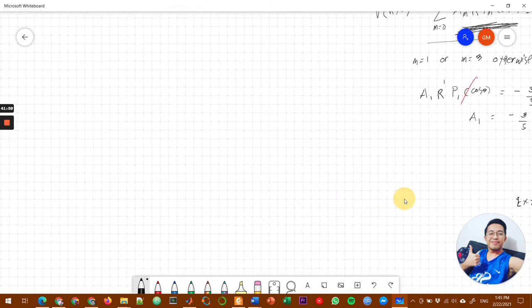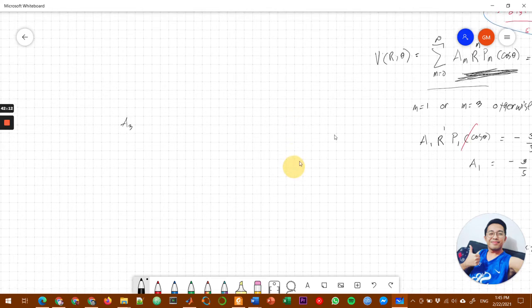Next is m equals 3. So we have a3, right? a3, kani nga equation naman na. Kani. r3. We have p3 cosine theta equals 8 over 5 k.